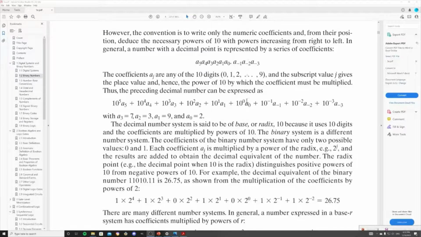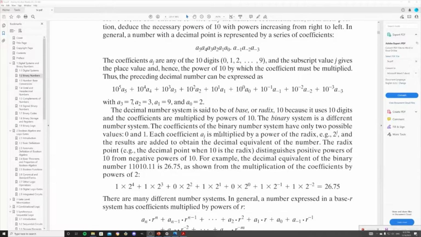For example, if you have the number 7,392, to come up with its actual value, you put in 10 to the 3 times 7, 10 to the 2 times 3, 10 to the 1 times 9, and 10 to the 0 times 2.